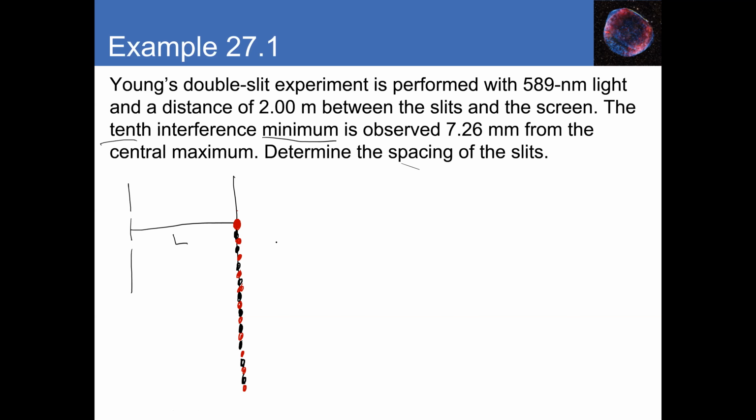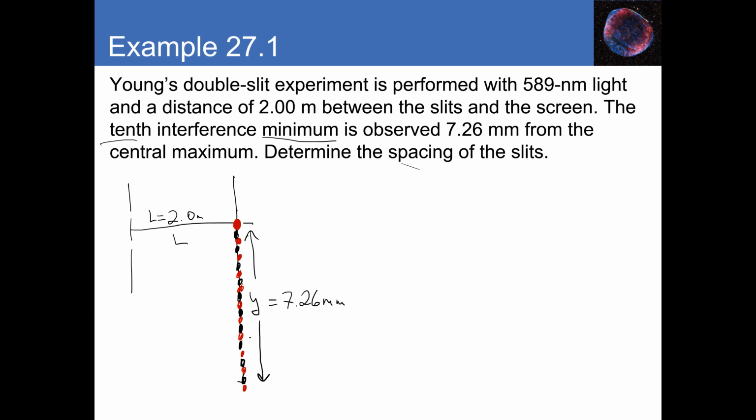And what we have here, let's say this L is 2 meters. So when this light enters, the 10th one, this one over here, is observed to have a vertical position of 7.26 millimeters from the central maximum.